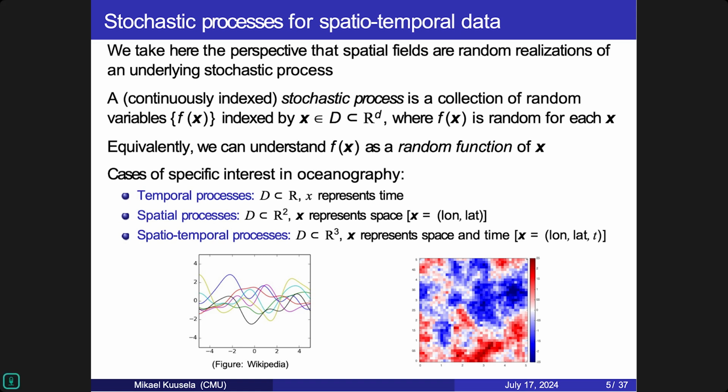Before we get into that, I want to set the stage in terms of, what is the basic setup? What is the basic principle we are going to follow when we do this kind of statistical interpolation of data? The basic starting point is that we regard the underlying spatial field, the physical field, whatever was the true state of the ocean, as a random realization from some underlying stochastic process.